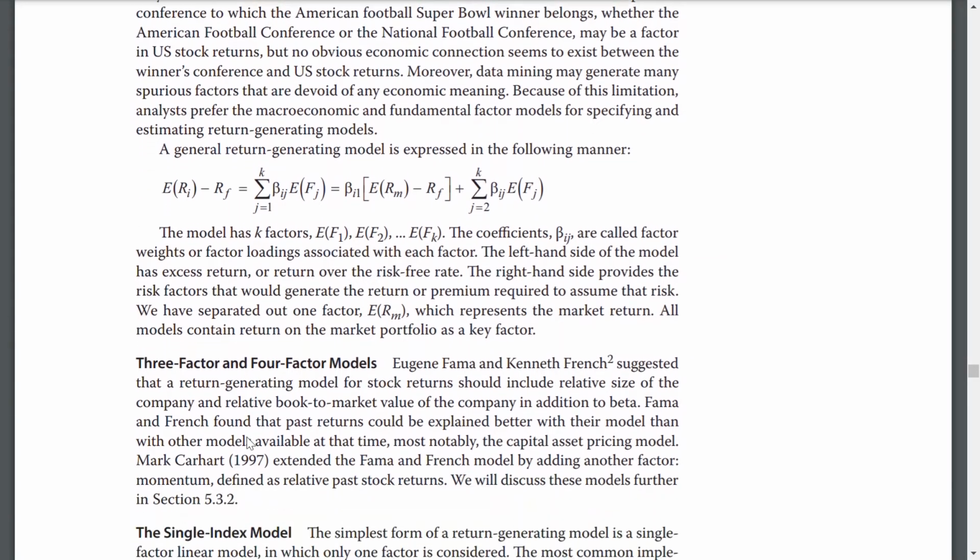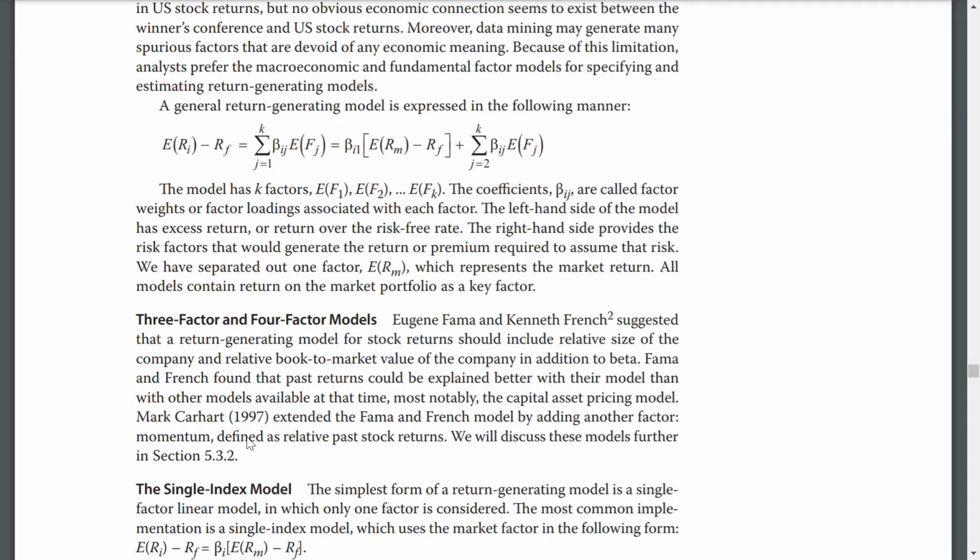Moreover, data mining may generate more spurious factors that are devoid of any economic meaning. Because of these limitations, analysts prefer the macroeconomic and fundamental factor models for specifying and estimating return-generating models.